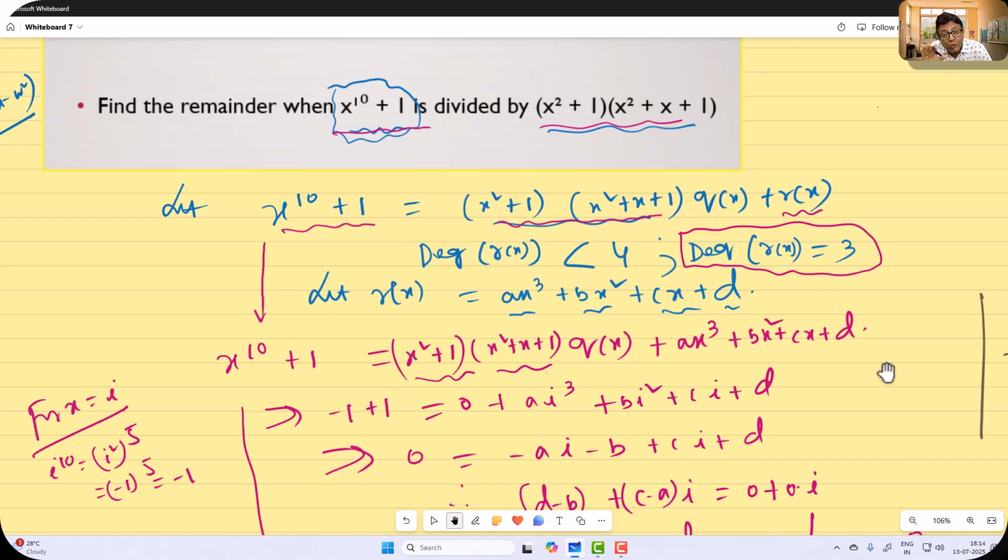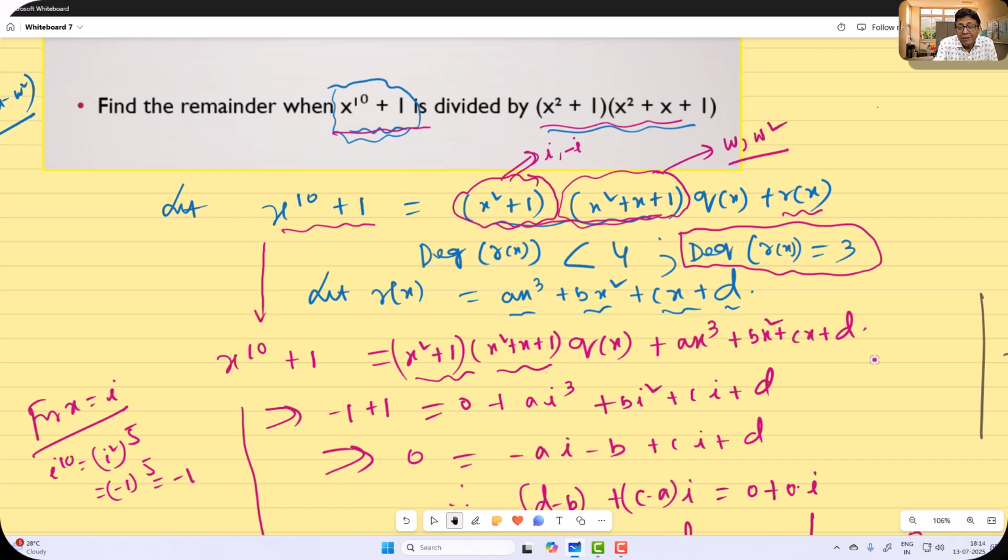Now we have done two sums. One was factorization of this concept, one was factorization of this concept. Here is a combination of these two. But in our mind, we will keep that x square plus 1 has factors minus i and i, and this one has factors omega and omega square.